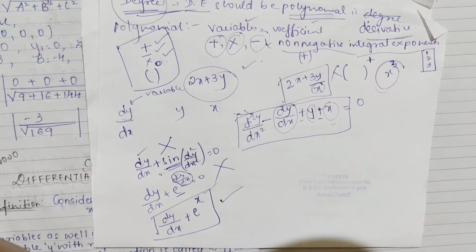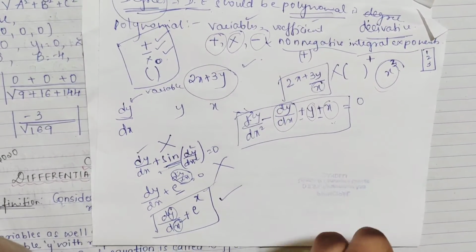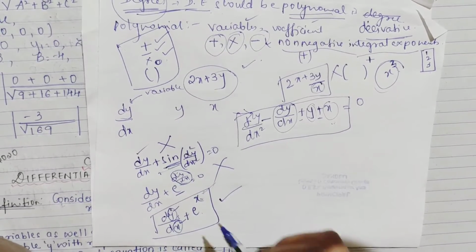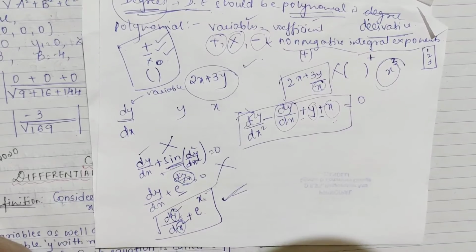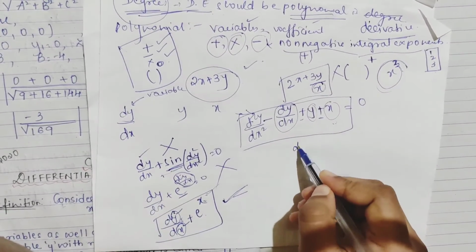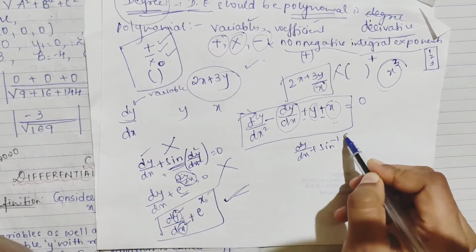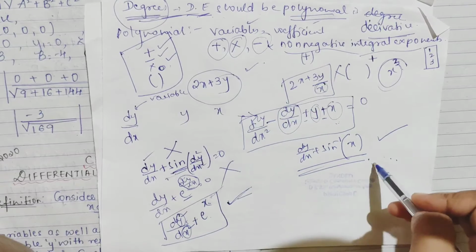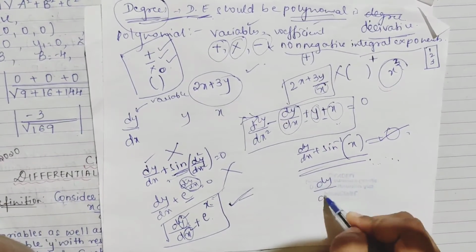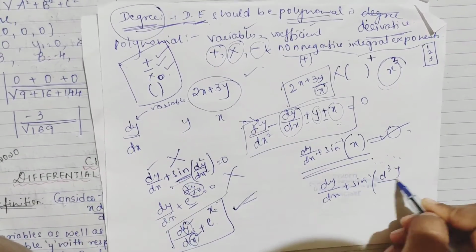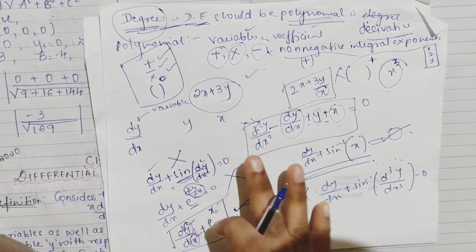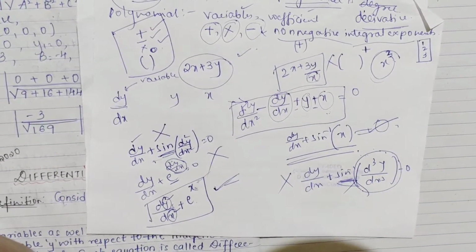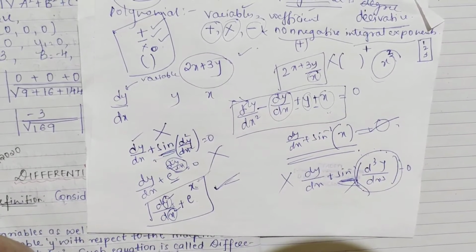Because here the variable is there, the independent and the dependent variable, but it is not involving the derivative. So you can consider this as a polynomial and find its degree. The same holds for exponential, log, or sine inverse x. But if you have sine inverse of d cube y by dx cube, you can't find the degree, because here it involves the sine inverse of the derivative, which we are not supposed to. I hope it is clear for you. Now degree means, again in this, what is degree?